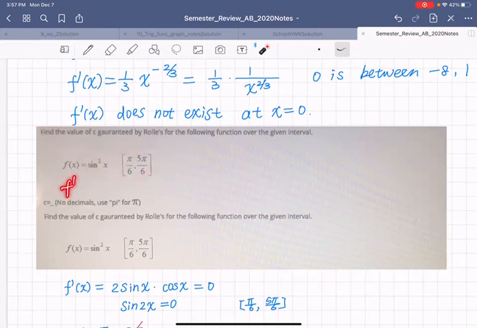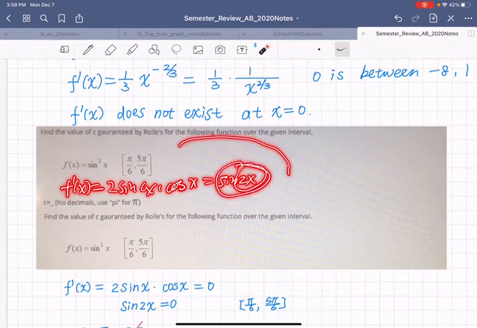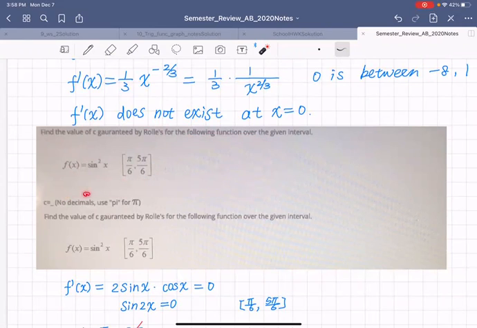Then you show f prime x equals 2 sine x cosine x, which is sine 2x. Of course this is continuous, so that shows you are differentiable on this interval. That's it.